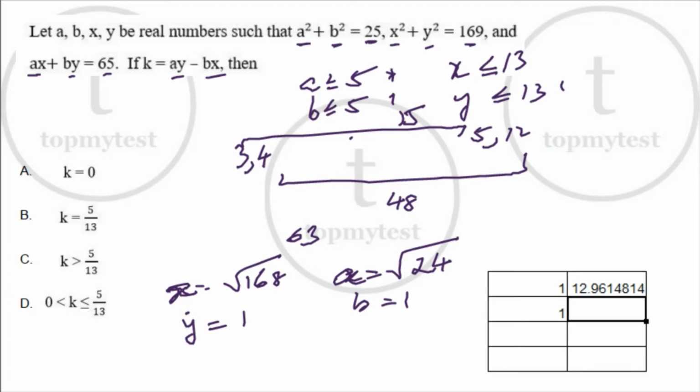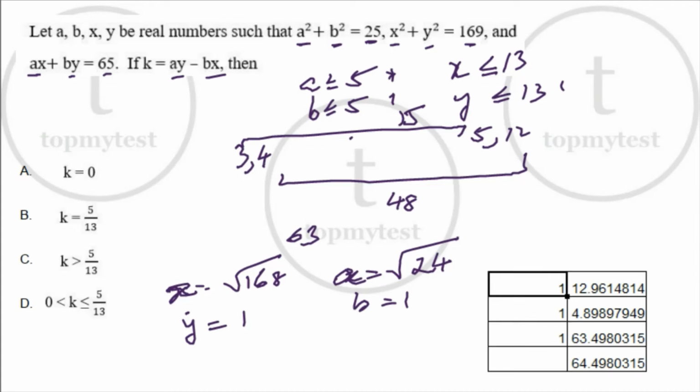If I take again 1, this will be square root of 25 minus this, right? And I will have to multiply this into this. And if I add these two, it still does not reach 65.